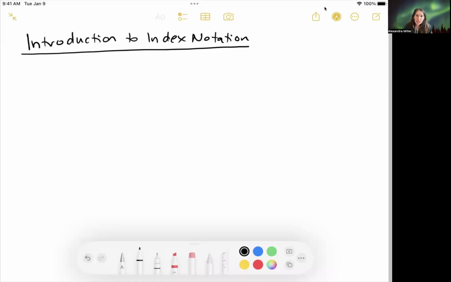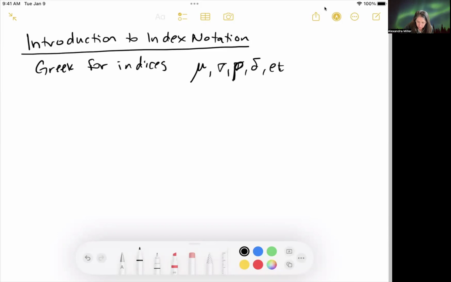So the first thing I want to mention, generally, we're going to be using Greek letters for our indices. So mu, sigma, rho, that's supposed to be a rho, delta, etc. These are going to be referred to as Lorentz indices.